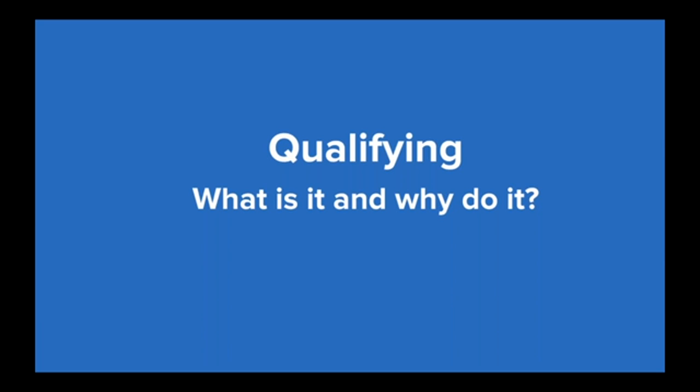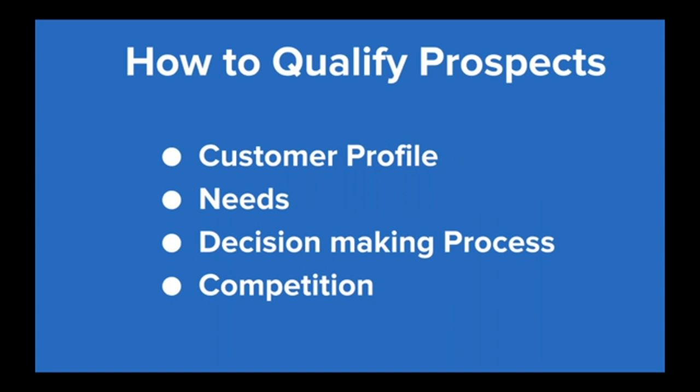And that's why qualifying the right amount is key. We're going to talk about what that means in this next slide. What does that mean, qualifying the right amount? Well, here's the thing. The biggest amount of time a salesperson wastes is in the middle of the funnel, dealing with leads that were not properly qualified.